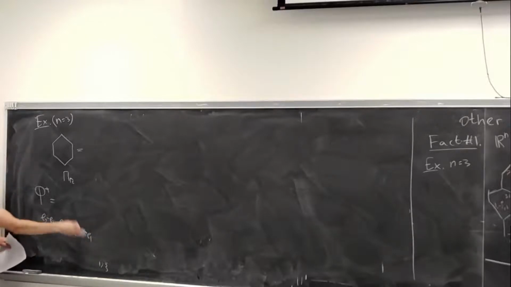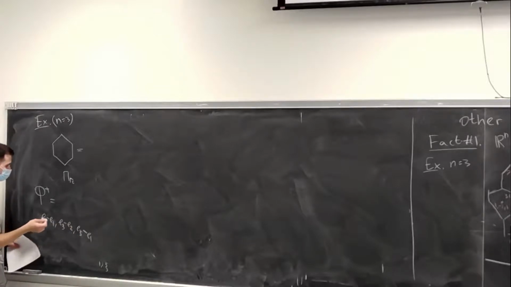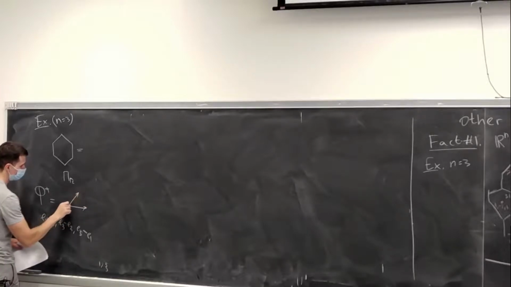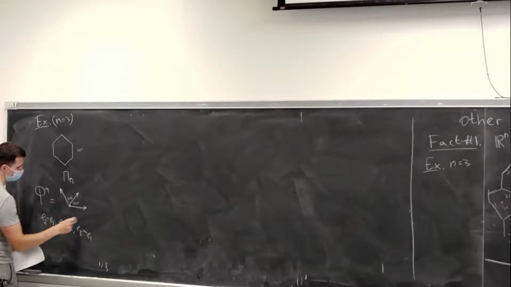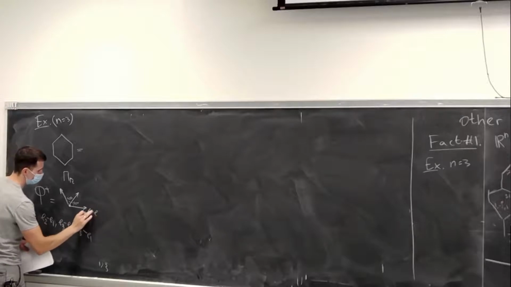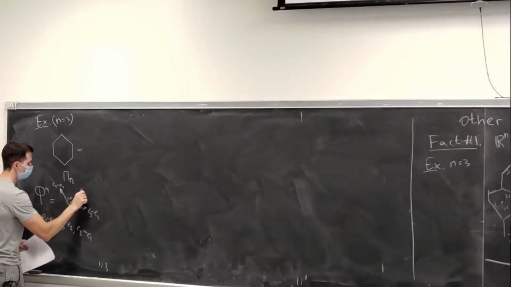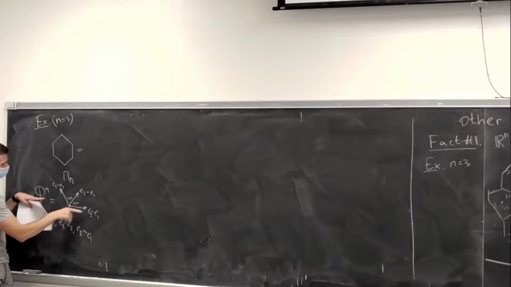And they all belong to the same plane where the sum of coordinates is 0. So I can draw them in the plane, and they look like this. There's a 60-degree angle: E1 minus E2, minus E1, E3 minus E2, and then E3 minus E1 is the sum of these two.